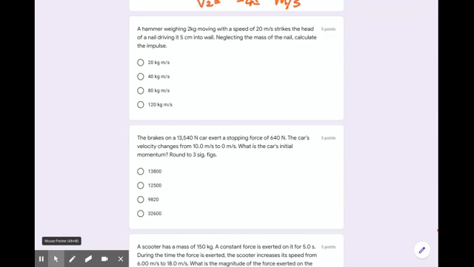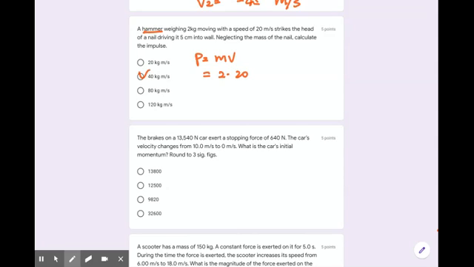You're just really calculating the momentum. Since we're neglecting the nail, the only momentum we have here is the hammer, right? So the momentum of the hammer is mass times velocity, which is 2 times 20, 40 kilogram meter per second. I know, it's easy.